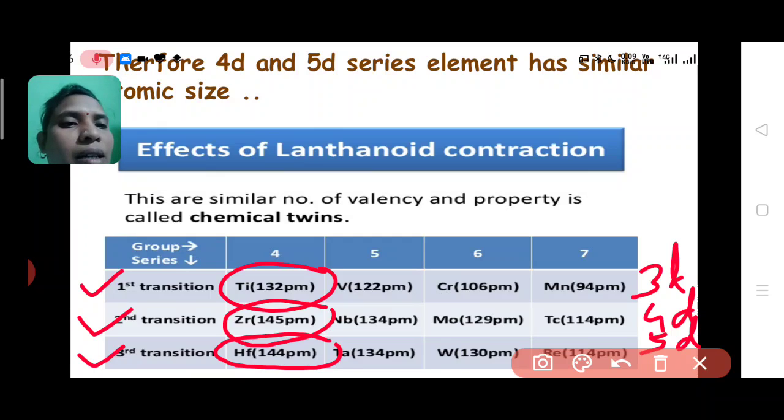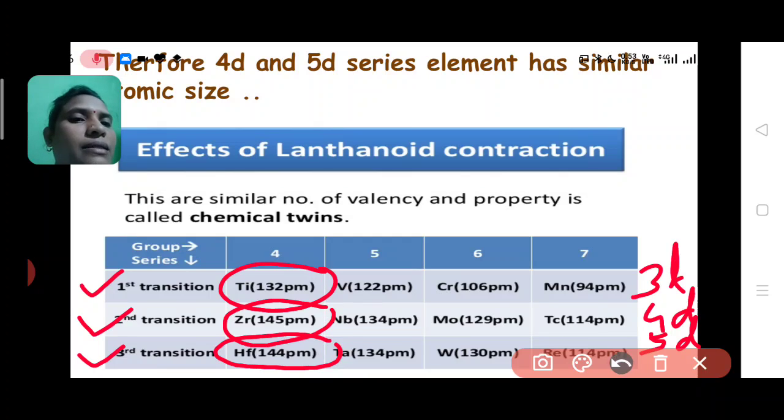So this is a decrease in the atomic size of hafnium as compared to zirconium. But this is not so in the case of titanium and zirconium, that is 3D and 4D. 3D has a smaller atomic size than 4D, but 5D has nearly similar atomic size as compared to 4D.